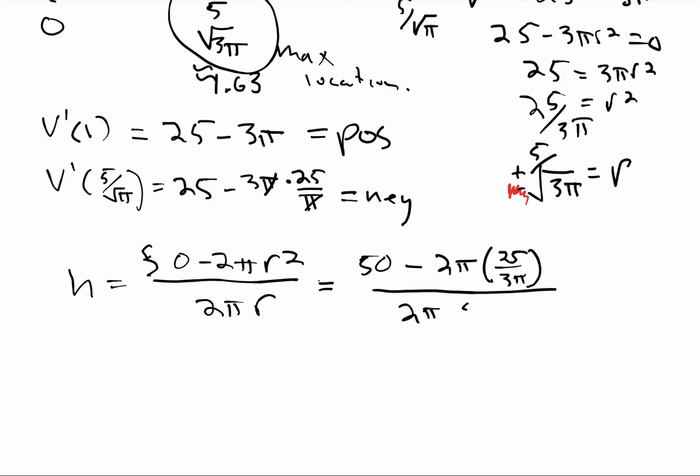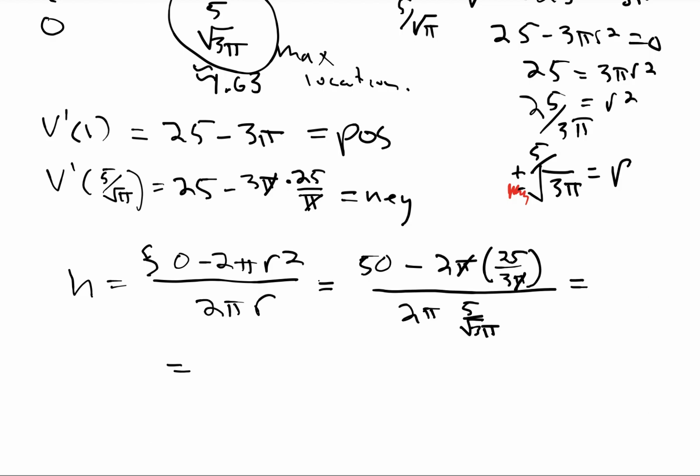Down here, my 5 over root 3 pi just stays right on there. If I want to clean this up, there's a number of cancellations I can take, namely like that one. That means I can actually subtract this over here. This is 50 minus 50 thirds.